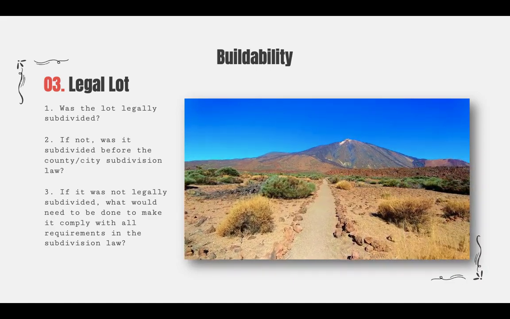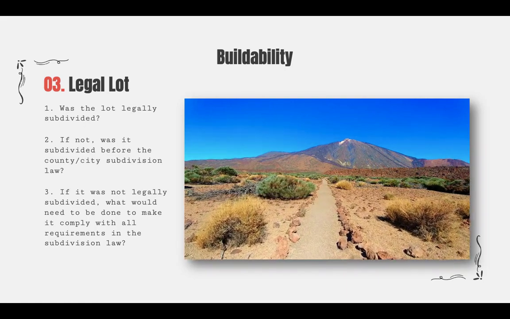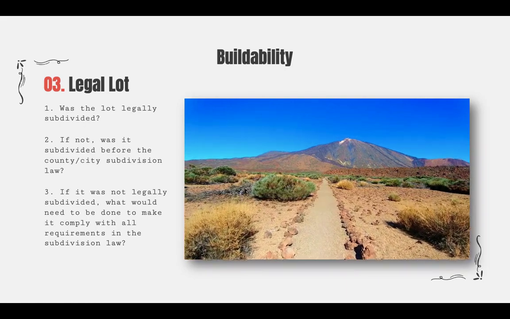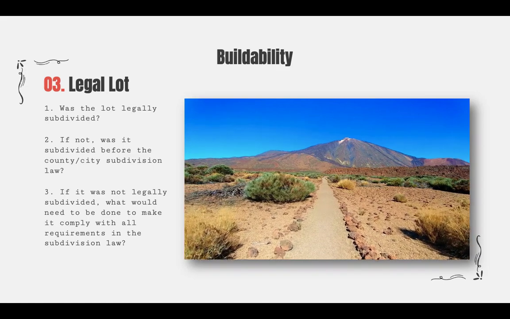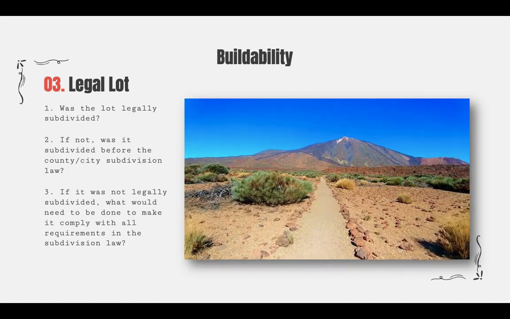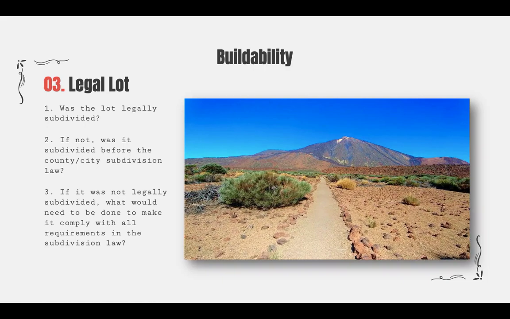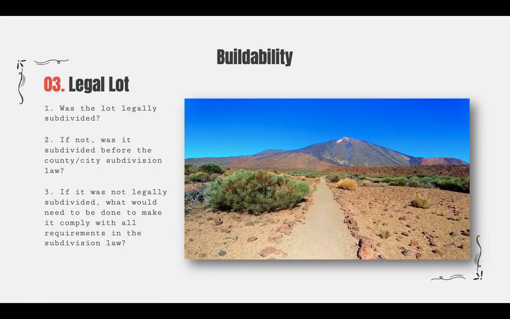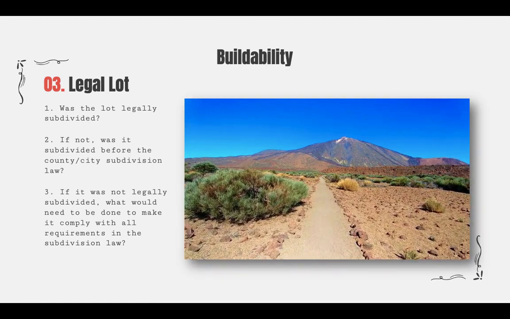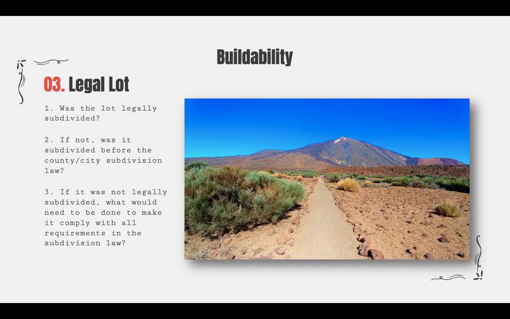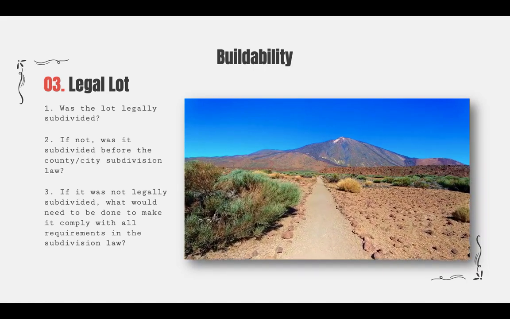So 30 or 40 years ago, 50 years ago, people used to be able to subdivide just by deed. They didn't have to go through any kind of permitting process, and they didn't need to comply with any kind of regulations.